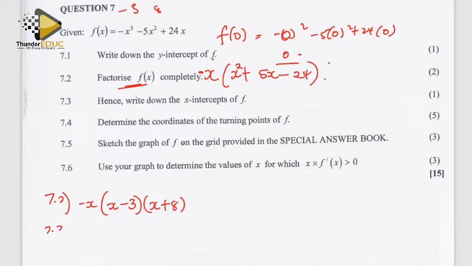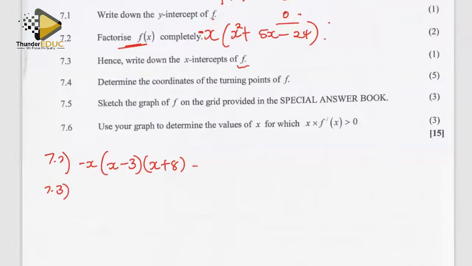All right, then 7.3, hence write down the x-intercepts. For x-intercepts, y will be 0. So in other words, we are equating this to 0. So x is going to be 0 with this, x is going to be 3 with that bracket, or x is going to be negative 8. And then determine the coordinates of the turning point.